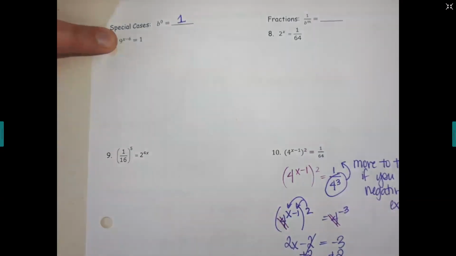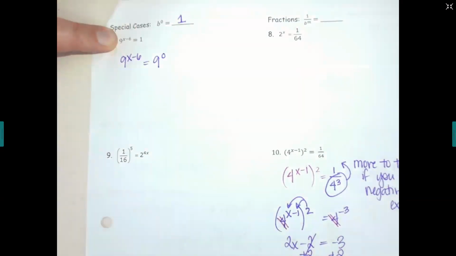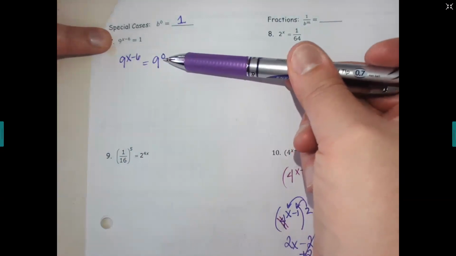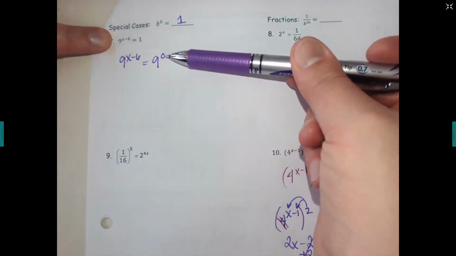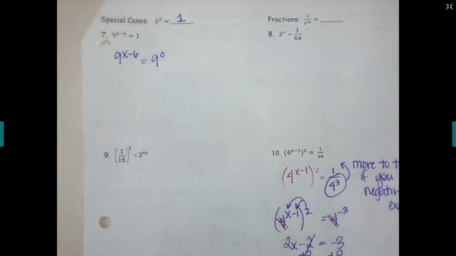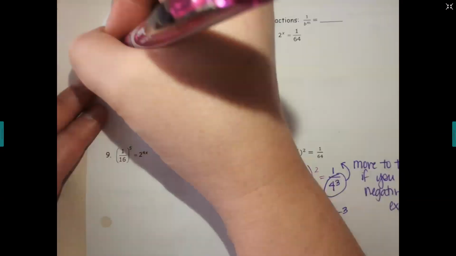So on this side, see how it's a 9 to the x minus 6? Then I'm going to use 9 to the 0 on the other side. Because remember, 9 to the 0 or any number, as long as there's a 0 up top, is always going to equal back to 1. And remember, the reason I need those 9s to match is so I can cross them out on both sides. So eliminate your 9 here and here.